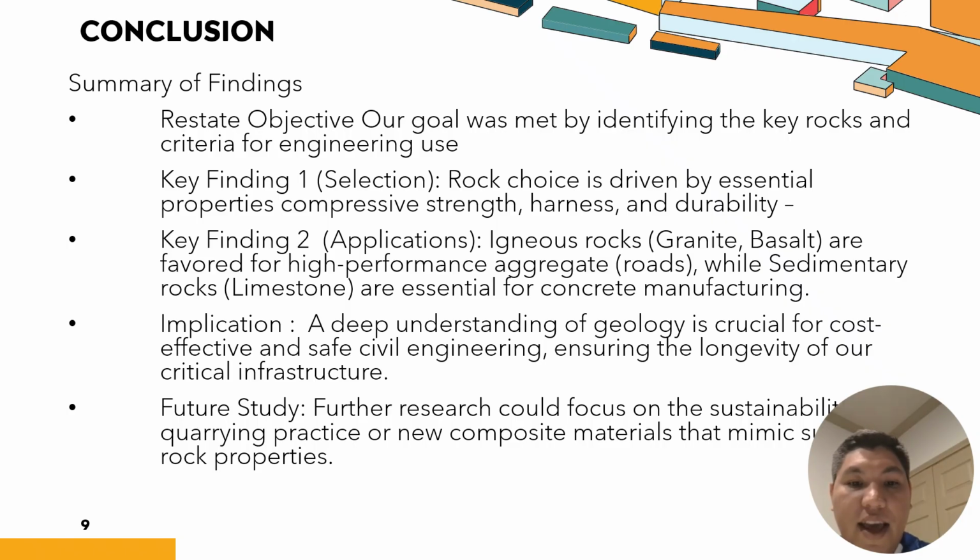The application: a deep understanding of geology is crucial for cost-effective and safe civil engineering, ensuring the longevity of our critical infrastructure. Future study: further research could focus on sustainability, quarry practice, and new composite materials that mimic rock properties.